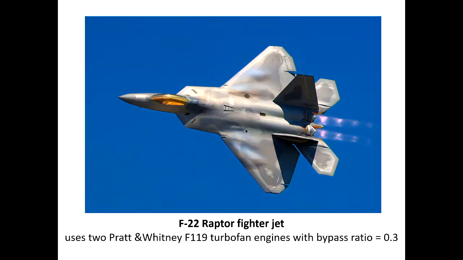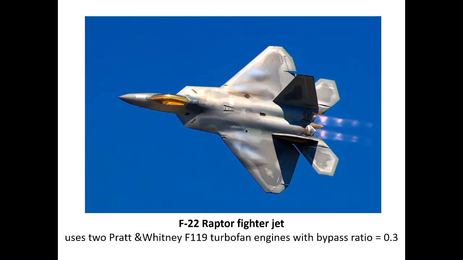Cruise means, in that case, the engine is running at the most efficient mode, which means the engine only produces enough power to overcome the drag on the aircraft. So there is no acceleration. But in that case, this aircraft can still run at supersonic speed. Yeah, so that's one of the low bypass examples.